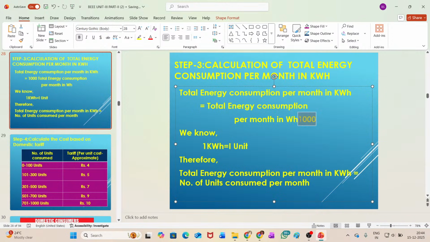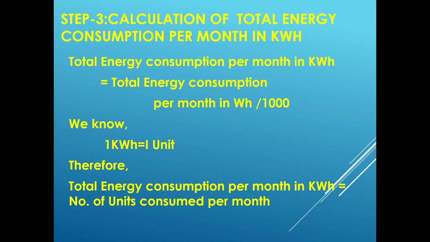I'm not going to multiply here, I'm going to divide with 1000 to convert the watt hour into kilowatt hour. If you multiply, the energy consumed value will become a very high value. So just divide with 1000 and convert that into kilowatt.